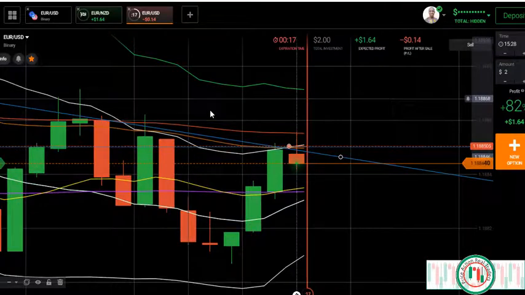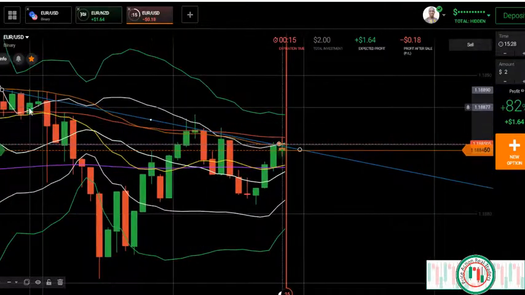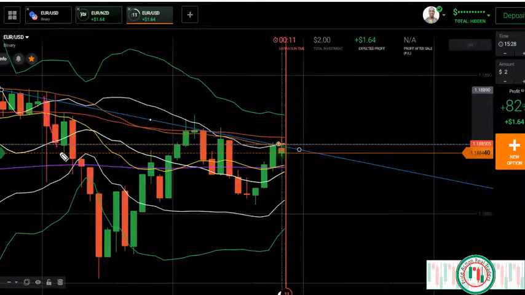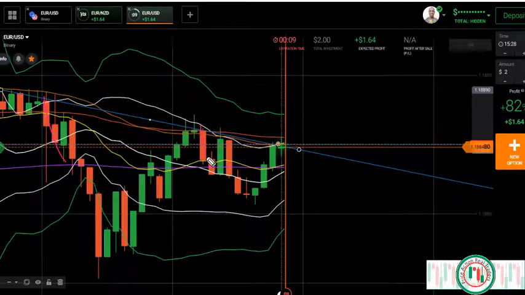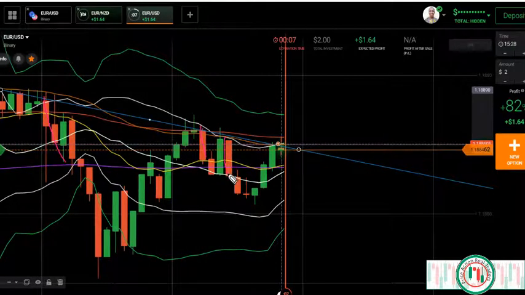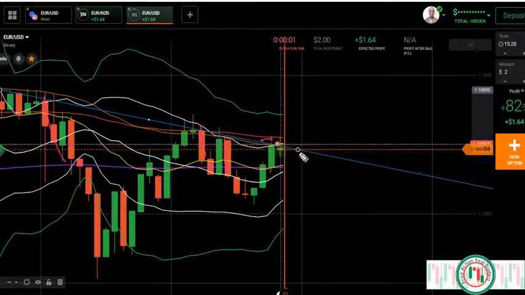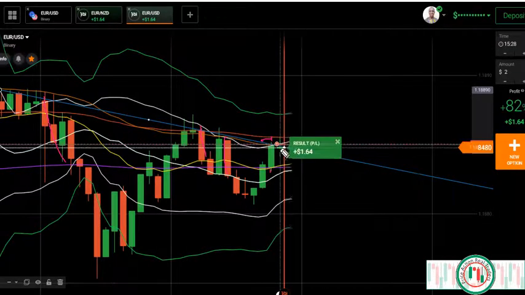Let me explain more. At this level you see sellers entry, you see sellers entry, and you see sellers entry. So this candle is weak. It had the same upper and lower shadow, so definitely sellers must enter, even though they didn't enter too strongly.